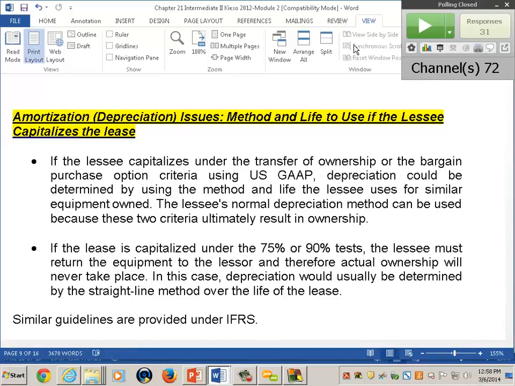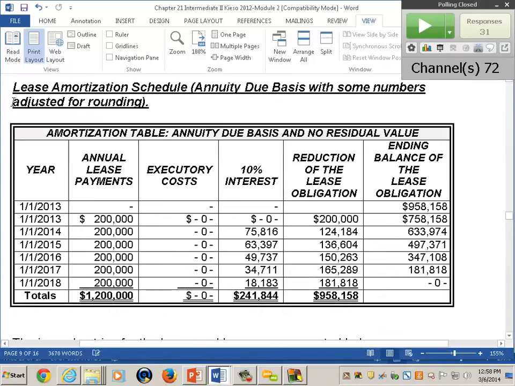Okay. All right, so let's look at the table and let me map out what happens. There are no executory costs. We'll get to a problem with that next week.